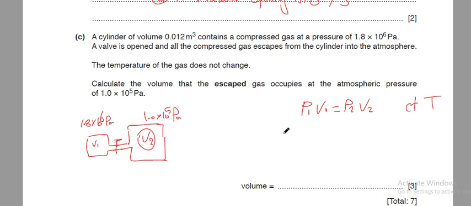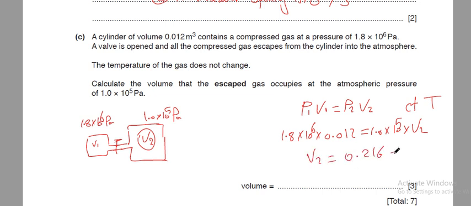So P1 times V1 will equal P2 times V2. The answer will be 0.216 meter cube or 0.22 meter cube.